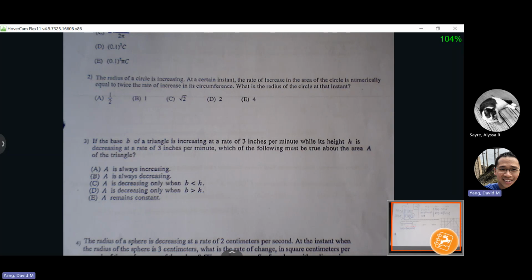So the key thing with related rates: find the derivative like you normally would, but as soon as we get done with that variable's derivative, just attach a d over dt for that variable. Okay, let me know if you have any individual questions.